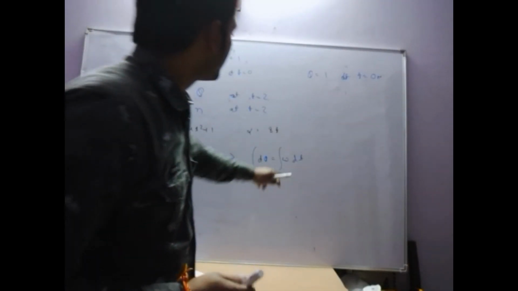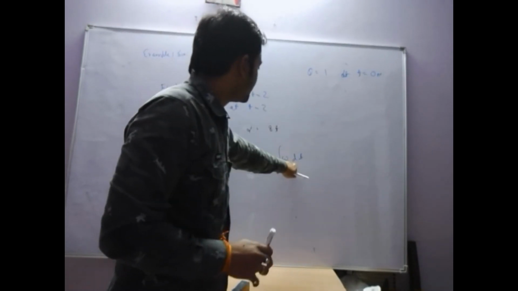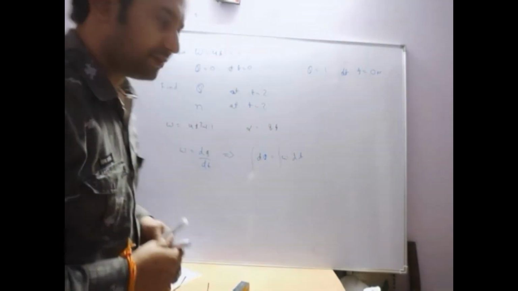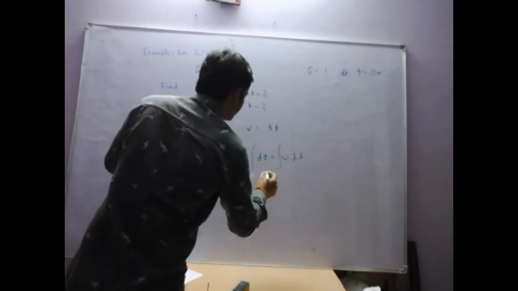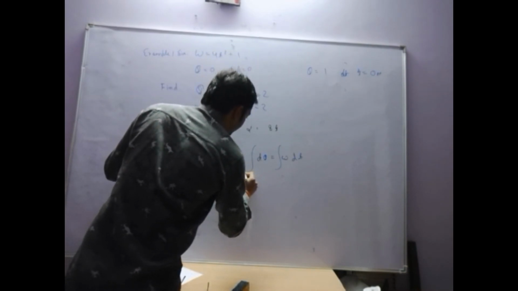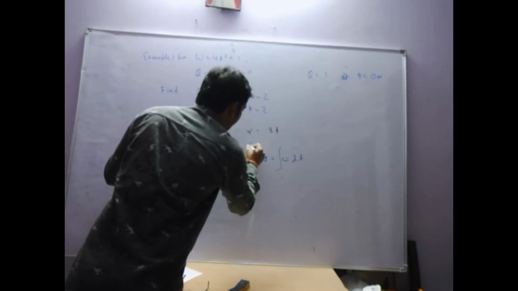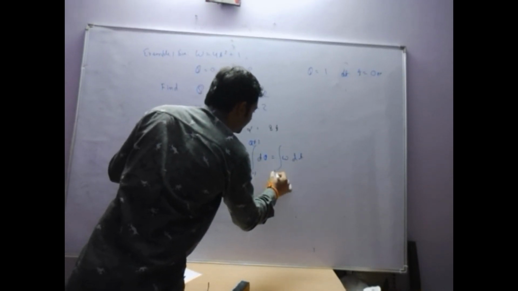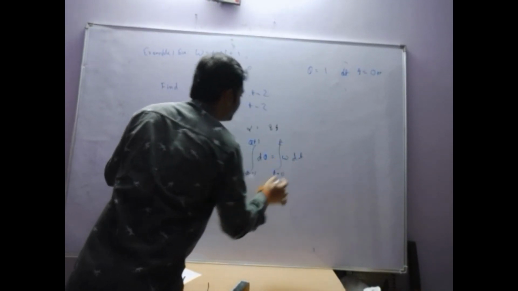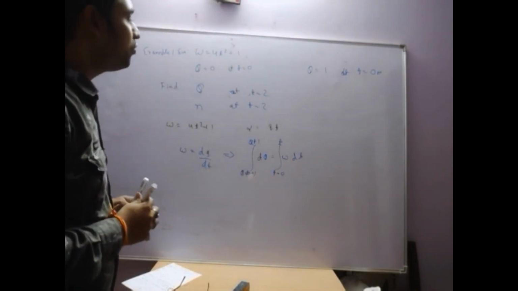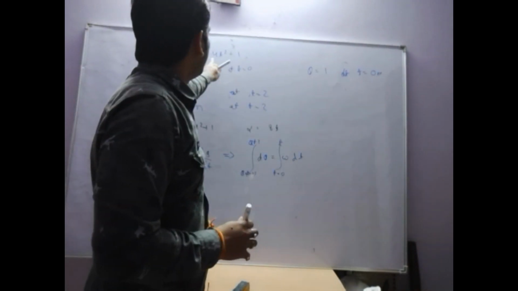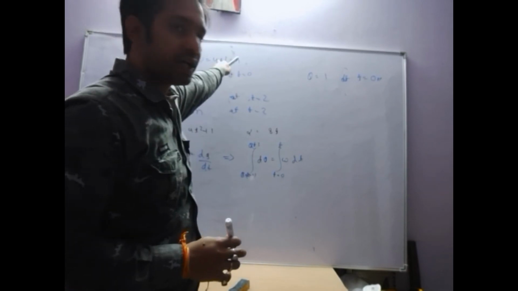First we put omega into this equation, and then integrate from theta at t equal to 0 to theta at any time t. In place of omega we put 4t square plus 1.